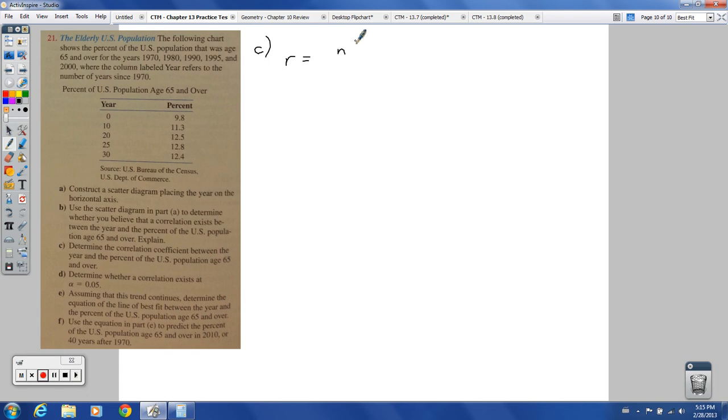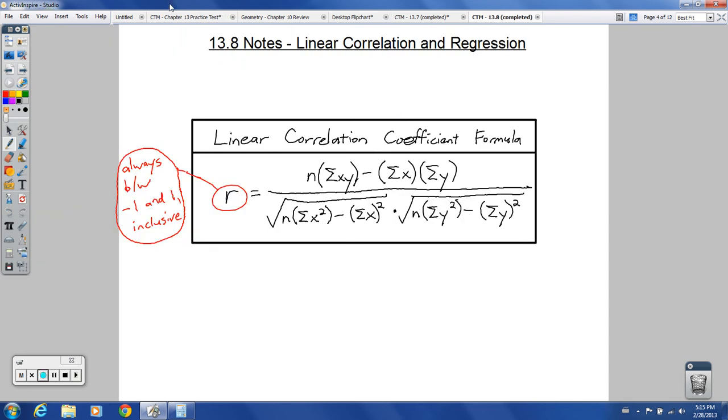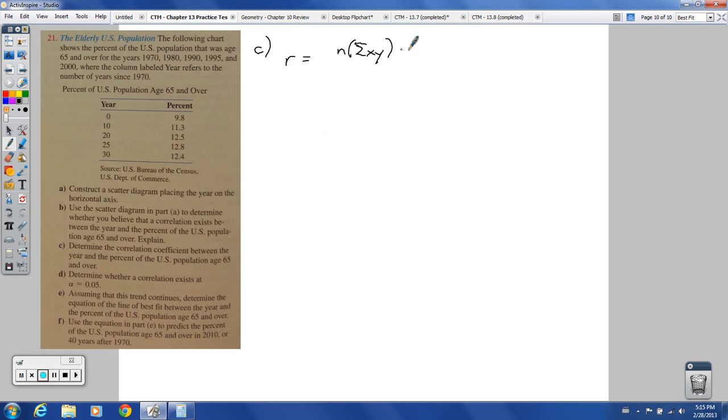I would be lying to you if I said I got it totally down 100%, no questions asked. I want to look at this myself too. So minus the sum of the x's times the sum of the y's, that goes all on top. We have this over the square roots of, I think this was the number times the sum of the x squared pieces.